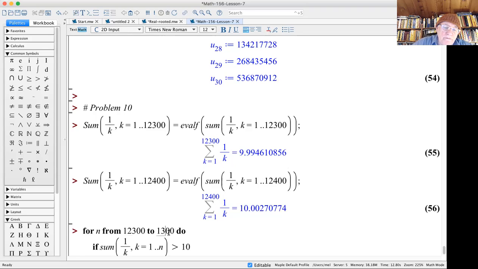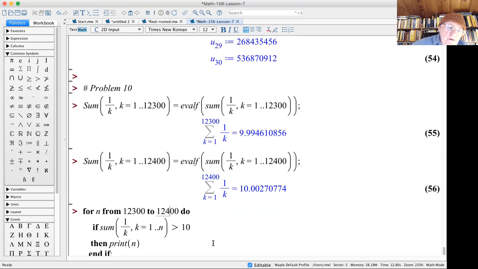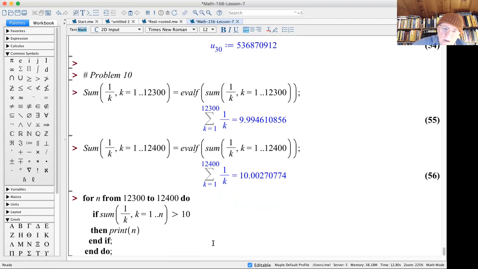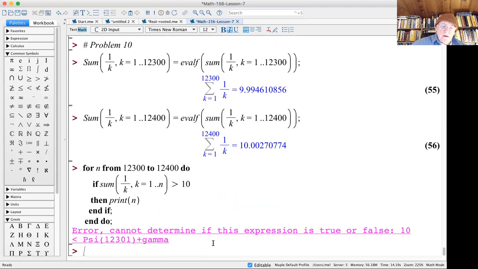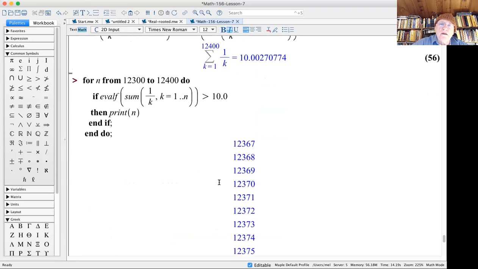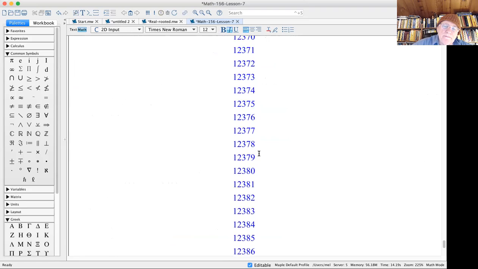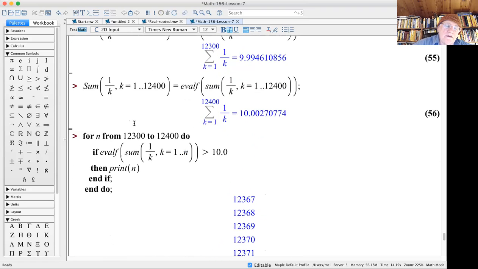So let me just find the first time in this interval, it's only a length of 100, from 12,300 to 12,400, where the sum is bigger than 10. So maybe I should make this as a decimal. So it looks like 12,367 is the first time. Okay, so that's the answer.